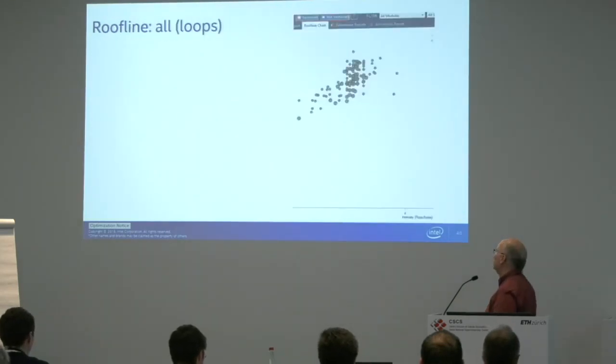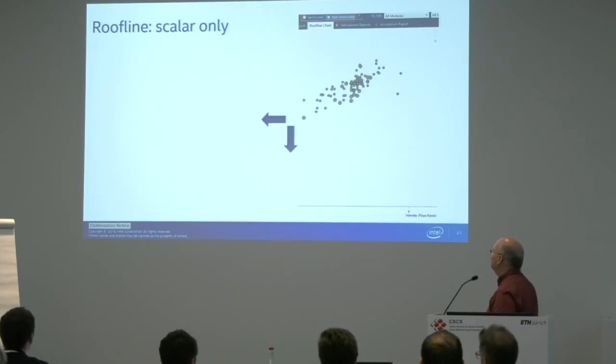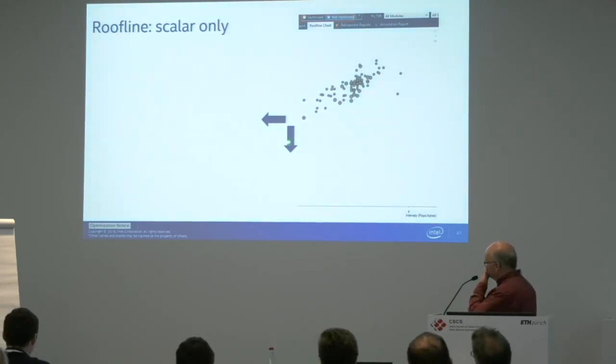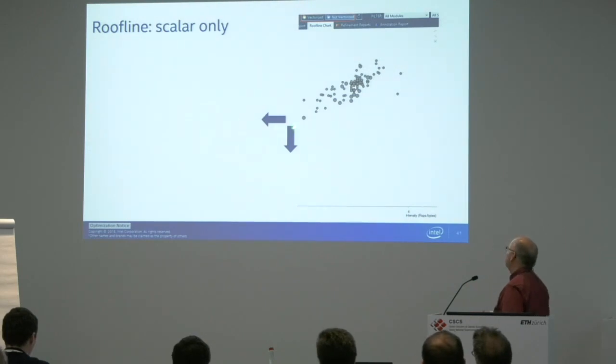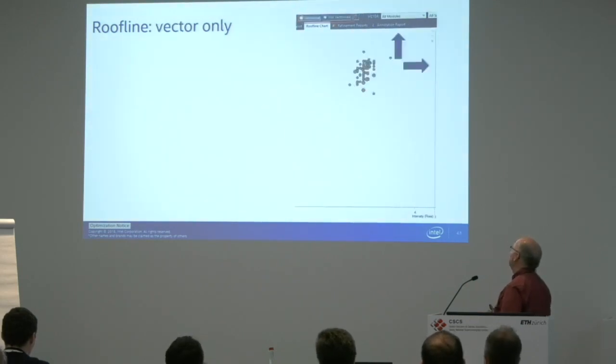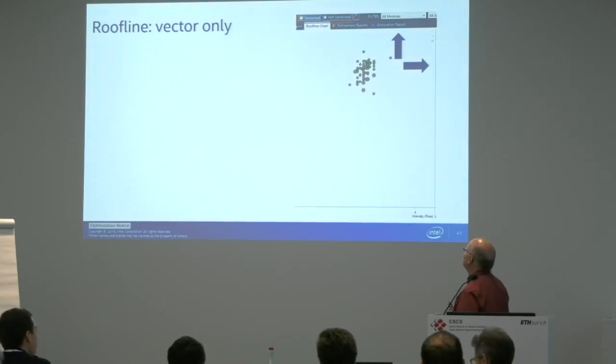So just in the end, if you have this collection of loops, you can filter it by looking only at the scalar loops, which are here in the lower ground and left with less arithmetic intensity, and the other side would be to have only the vector loops.